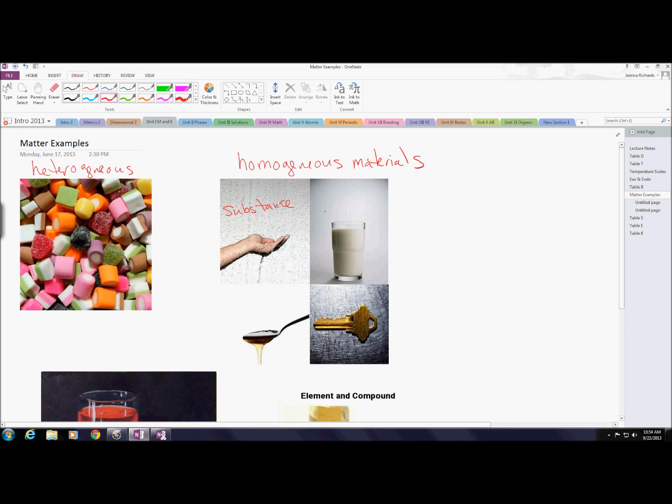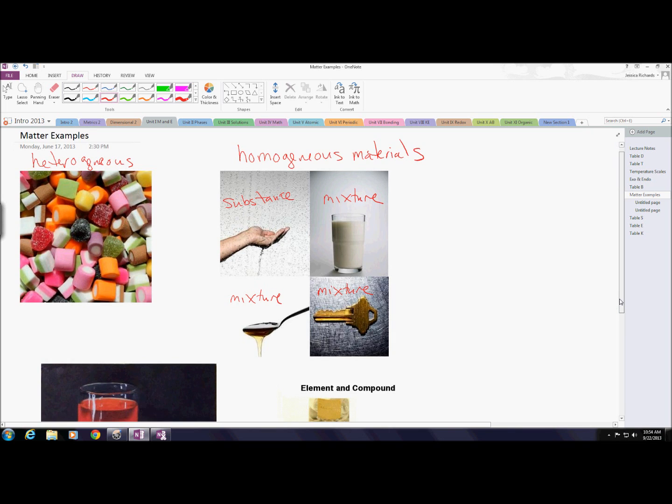It's been homogenized, so it's mixed in together. This is going to be a mixture. Honey, there's more than one type of thing in honey, so that is also a mixture. And brass is two metals. Brass is generally zinc and copper, so since that's two metals mixed together, but you can't make two metals into a compound, this guy is also a mixture. They don't look like mixtures, so sometimes that can be tricky, but those are all homogeneous materials.